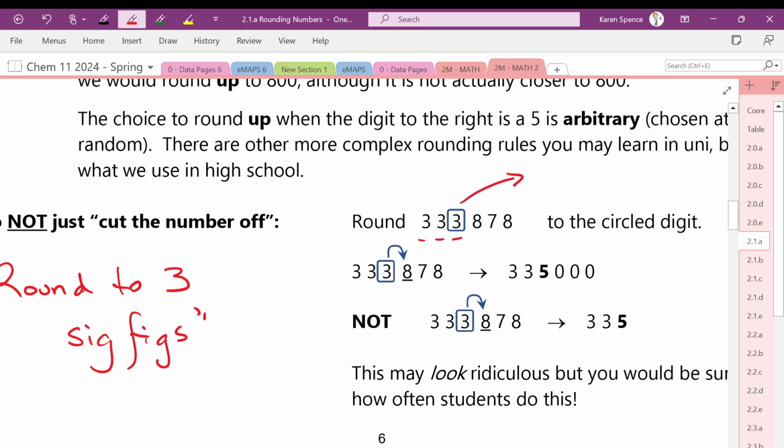So that's then going to become 334. Is it okay to take this number here and round it to 334? This should be a 4. Sorry.